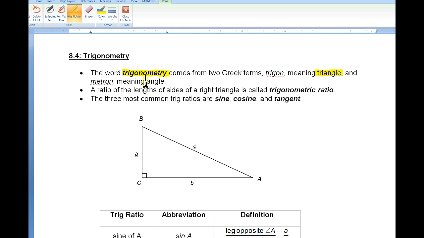So we're looking at angle measures within triangles. And there are 6 trigonometric ratios.